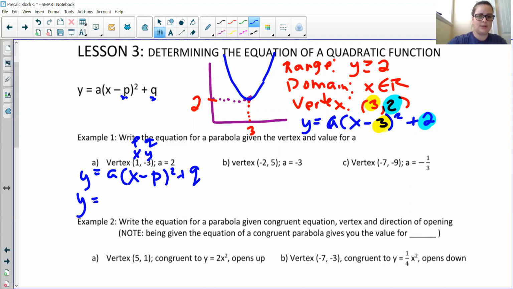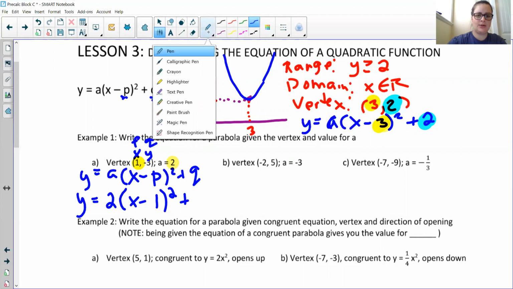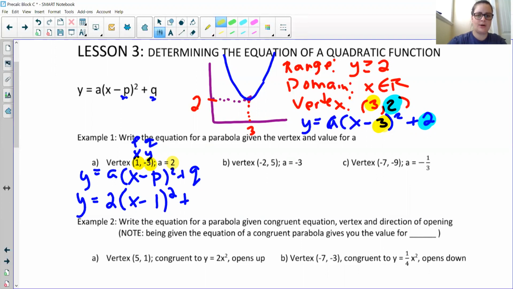So y equals a, and a is given to us here. It is 2. Then x minus p, and p is given to us with the x coordinate of the vertex, so it is x minus 1 squared, plus q. Our q is given to us with the y coordinate of our vertex, so it's plus -3.